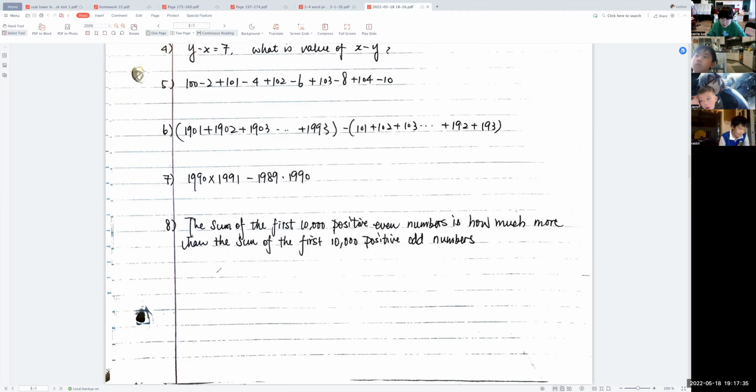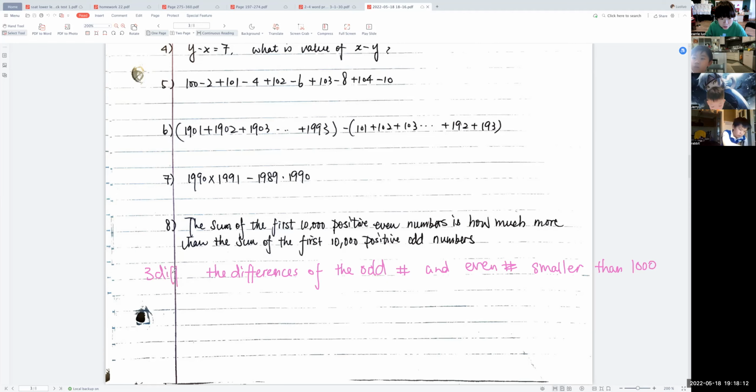So, Jerry, if I make it like that, I want you to calculate the differences of the odd numbers and even numbers which are smaller than 1000.